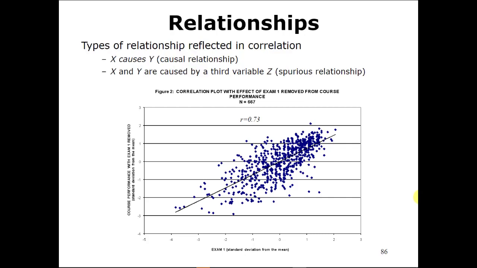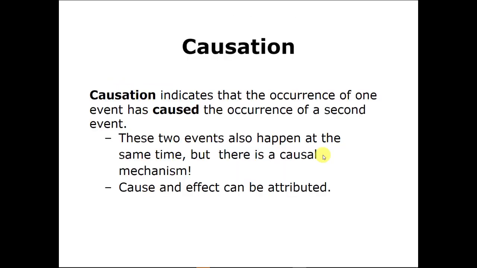What's important here is that we stated that there was a relationship. Different types of relationships exist and can be reflected in correlations. There can be a causal relationship when we say that X is actually causing Y, or there can be a spurious relationship where X and Y are related, but the cause is actually another variable, let's say variable Z. Let's define causation.